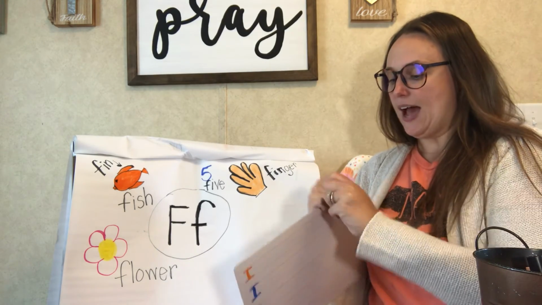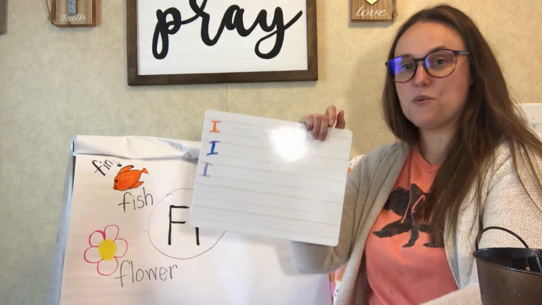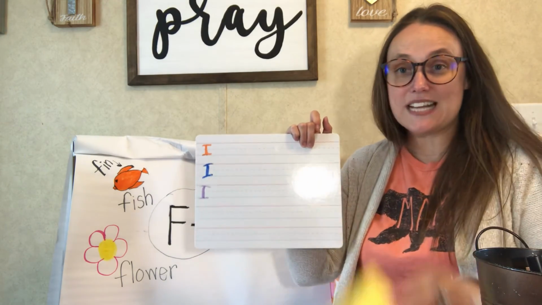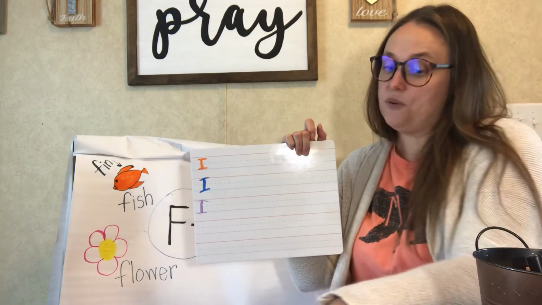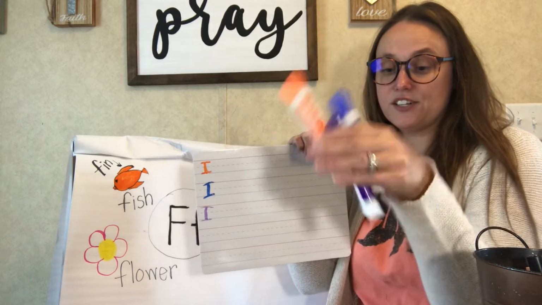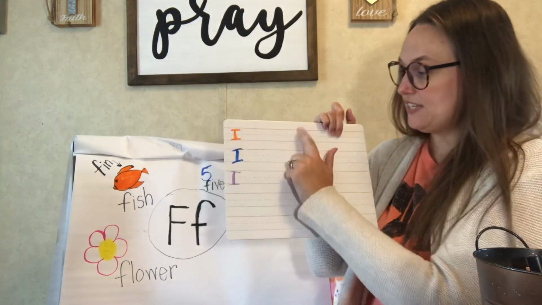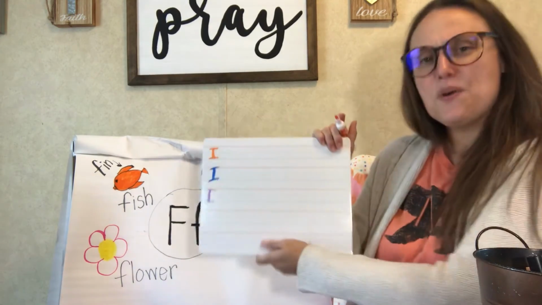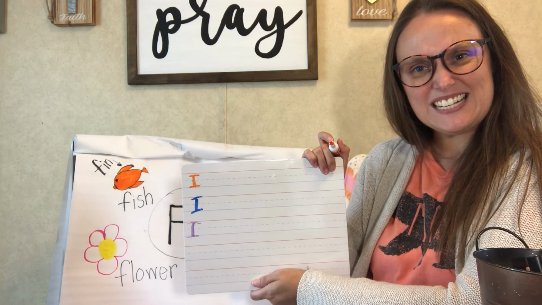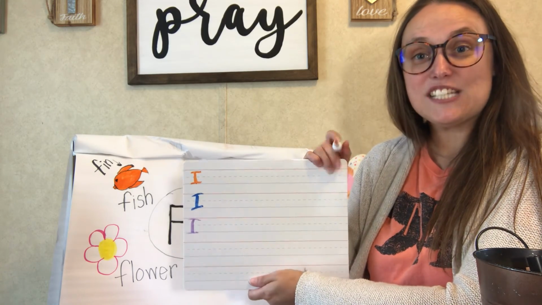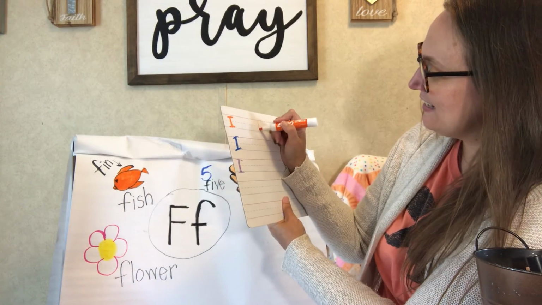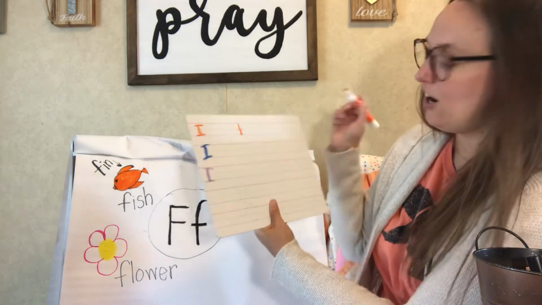Now, I'm going to come next to it and write the word the. Now remember, each letter has to be a different color. So, I've got my 3 different colors. My first letter is going to be orange. How do I spell the? T-H-E. So my first letter is going to be a T. All right.